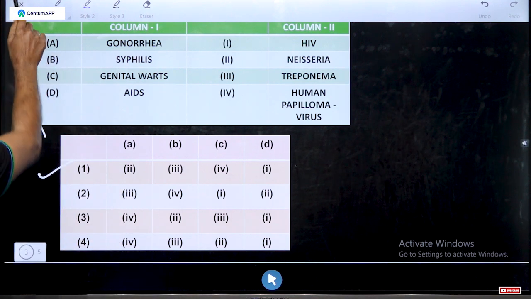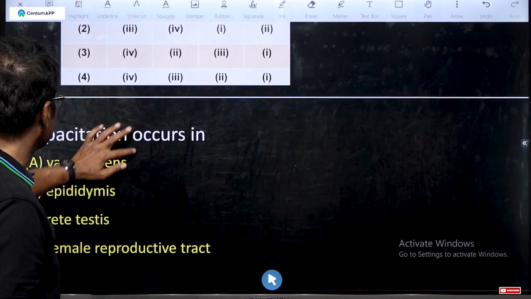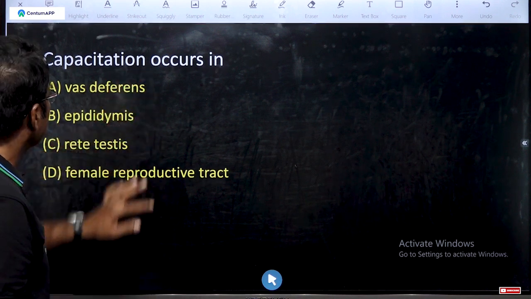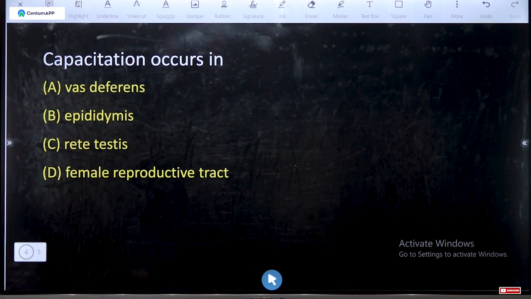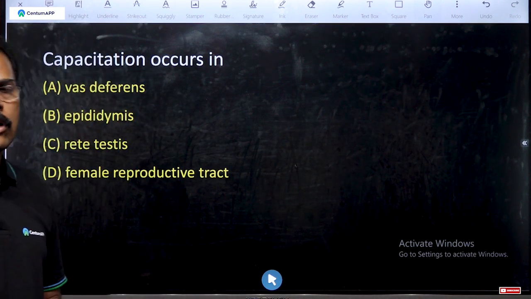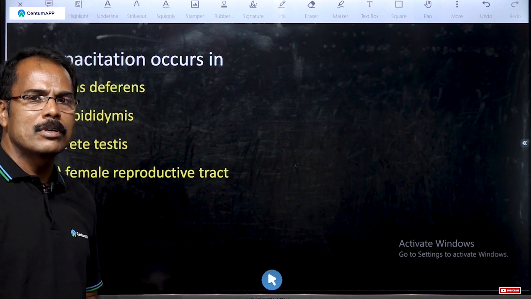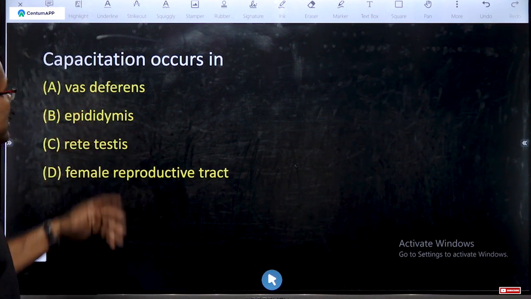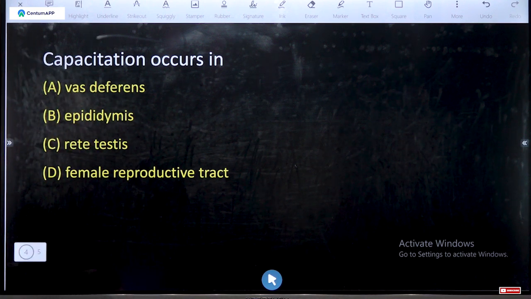The next question: capacitation occurs in, this topic is related to sperm capacitation. Capacitation occurs in the vas deferens, epididymis, rete testis or in the female reproductive tract.